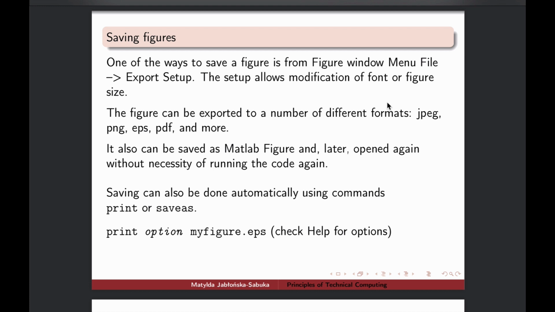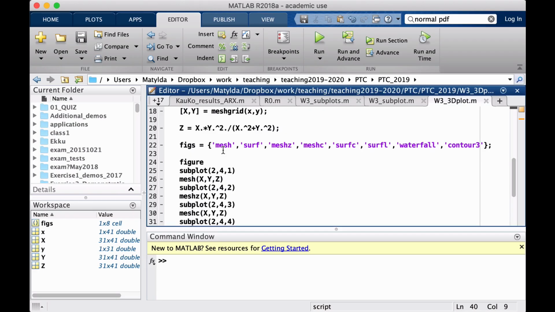There's also an option of Save As, but Export Setup is much more user-friendly because you can modify your figure before you actually save it to an external format. And then, of course, the choice of format is quite wide, so you could have JPEG, PNG, EPS, PDF, and more.